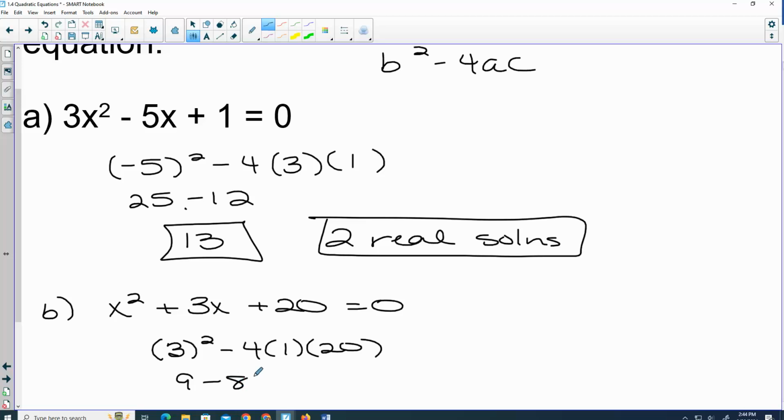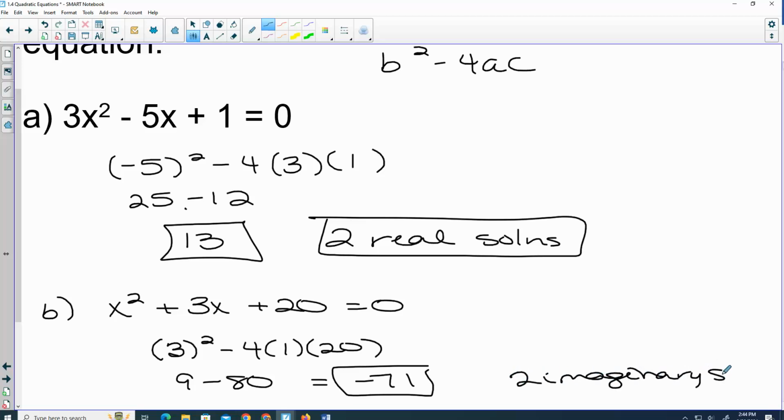So I get 9 minus 80, or negative 71 for my discriminant. What does that mean? Okay.